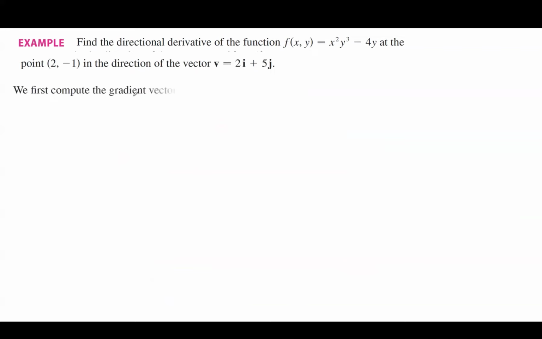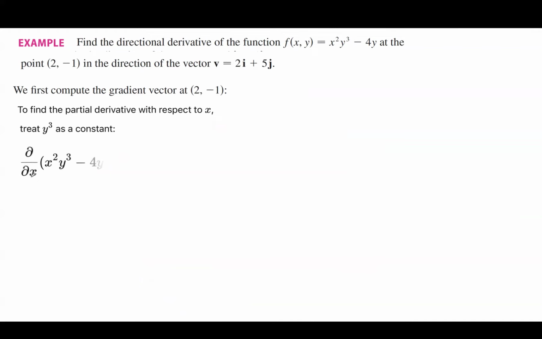First, let us compute the gradient vector at the point 2 and negative 1. To find the partial derivative with respect to x, we treat y and y cubed as constant. So take a look. The partial derivative with respect to x of the function x squared y cubed minus 4y is 2x y cubed, and this guy is just 0.